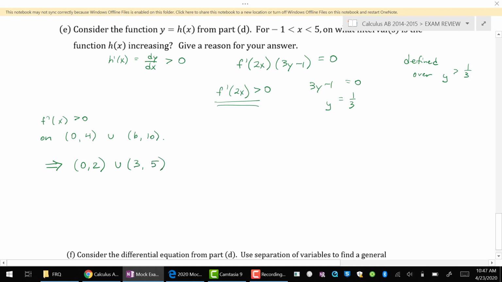Okay, so think about dividing by 2. So those are my intervals when h is increasing. And the reason? Because its derivative is positive.